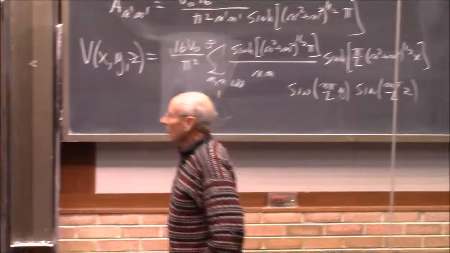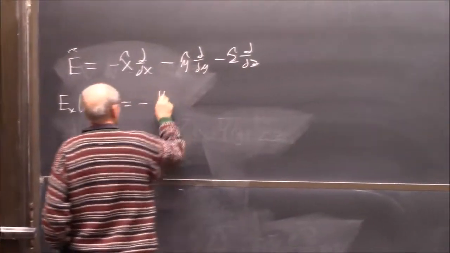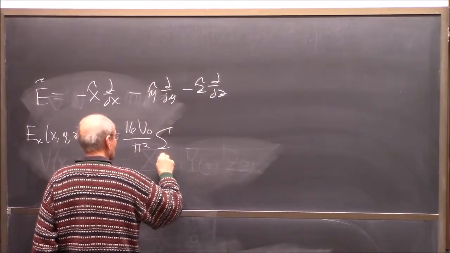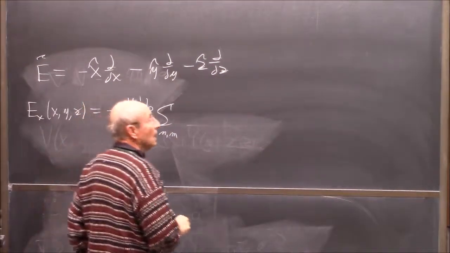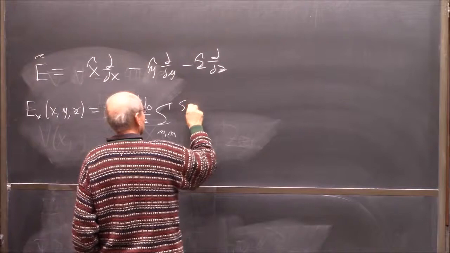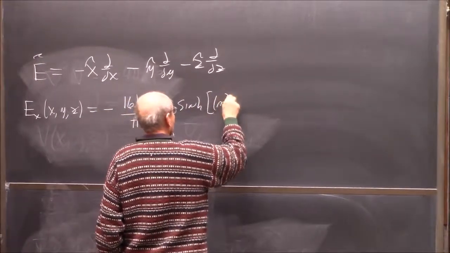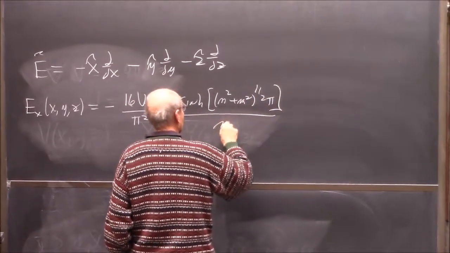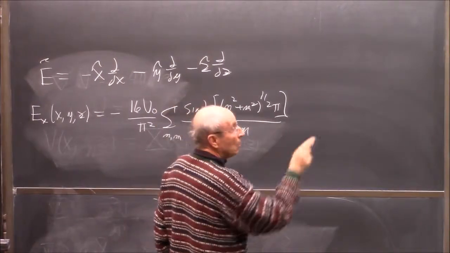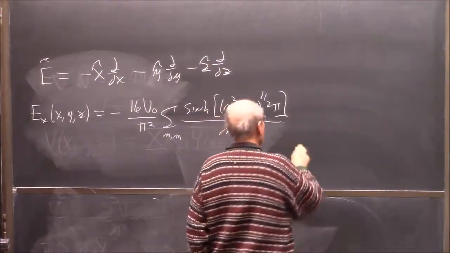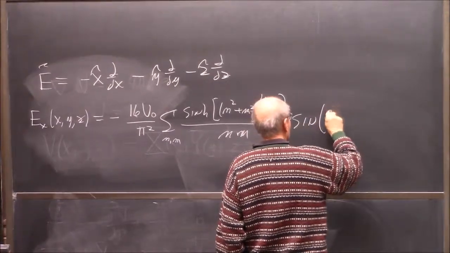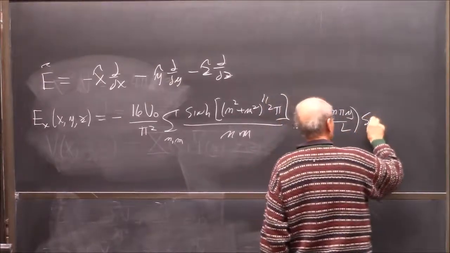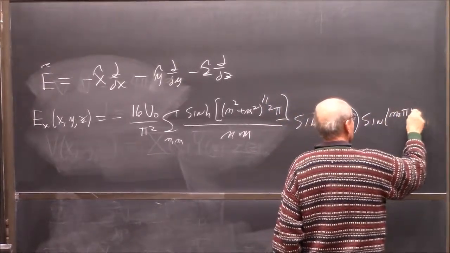So what we will get is minus 16 V0 over pi squared, sum over n, m, of 1 over nm sinh of square root of n squared plus m squared times pi. The sines won't be affected by the x derivative, so they'll stay the same: sine n pi y over L, sine m pi z over L.